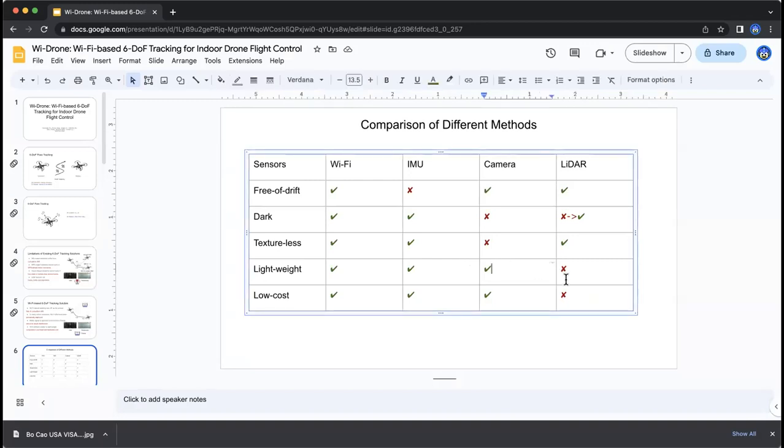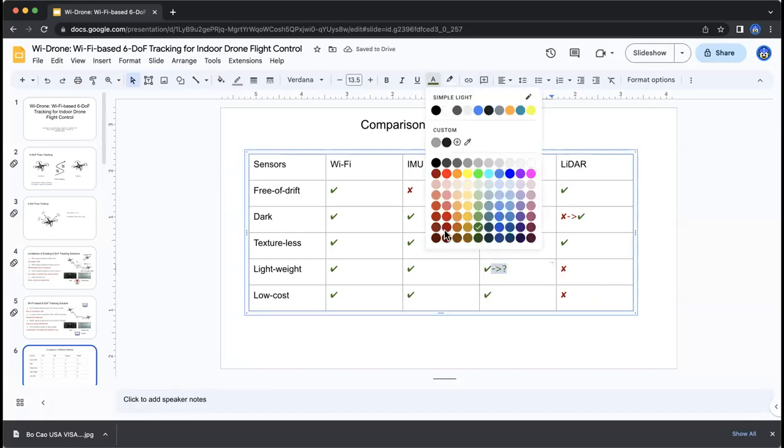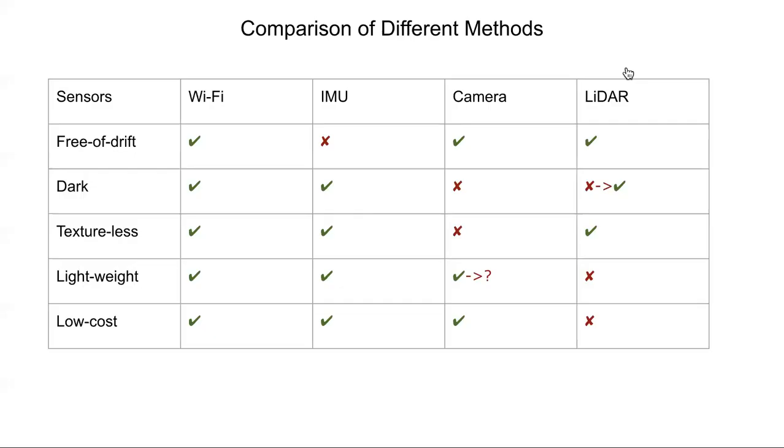So for vision, I doubt it. They put that, but for vision, I doubt it because, I mean, you can use lightweight SLAM, but there are also lots of deep learning-based methods, and they try to push the computation to the edge.